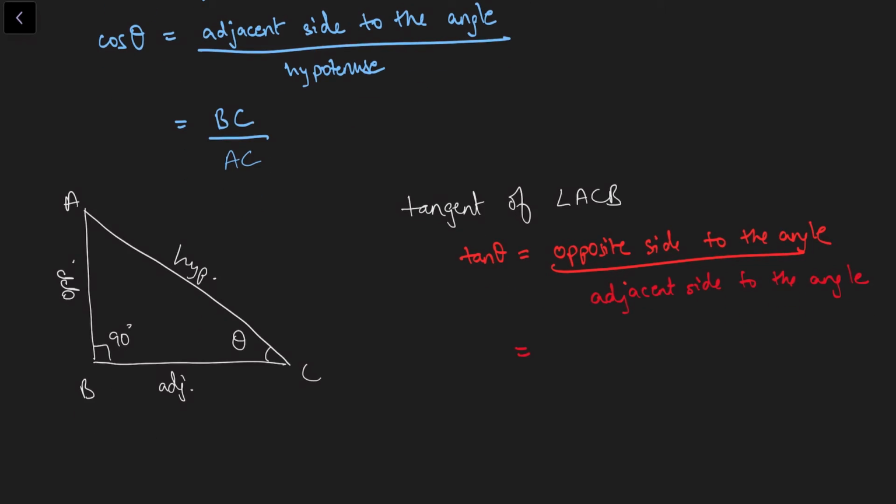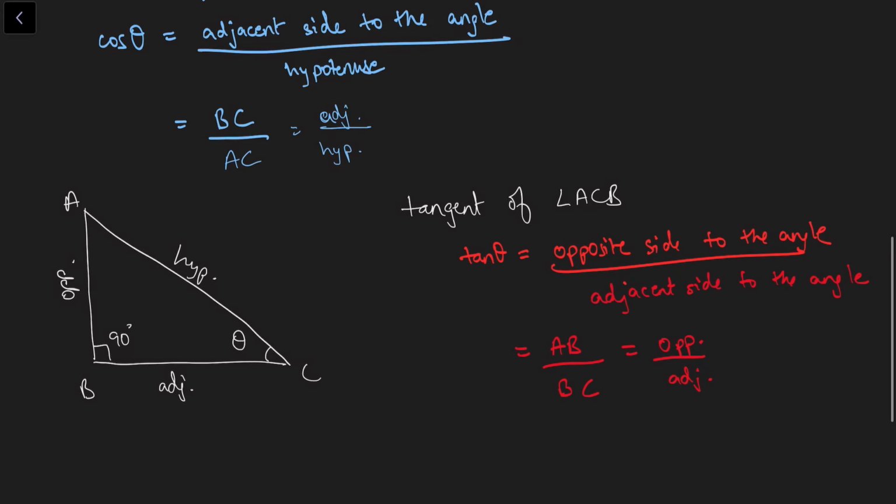So that is AB by BC, and that is opposite by adjacent. And these are some of the basic functions in trigonometry.